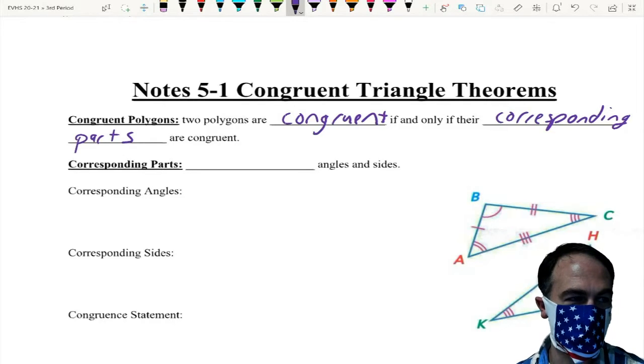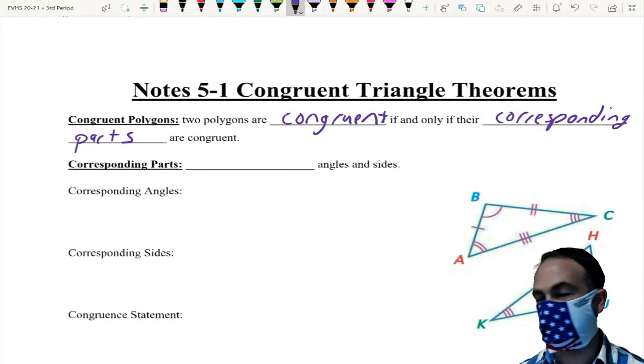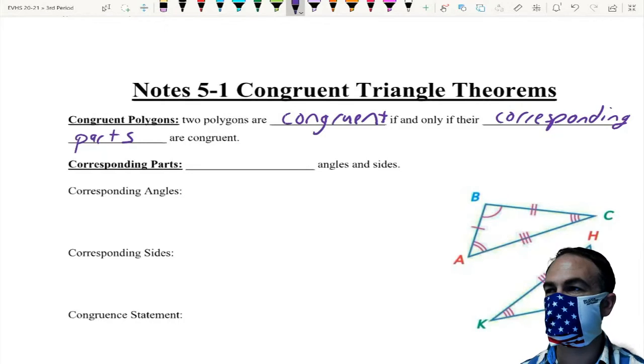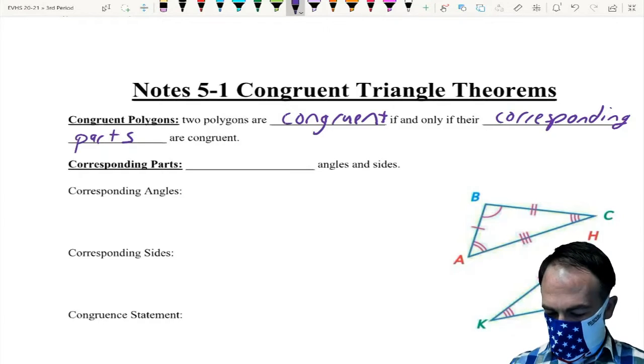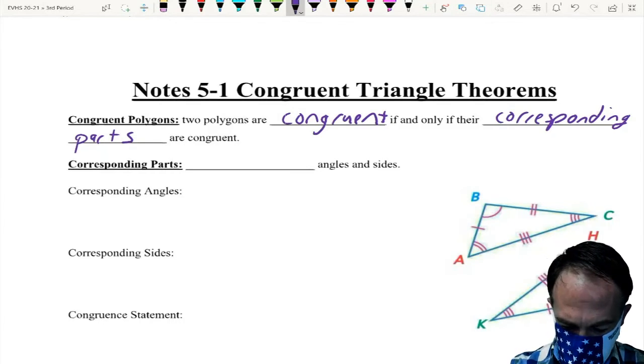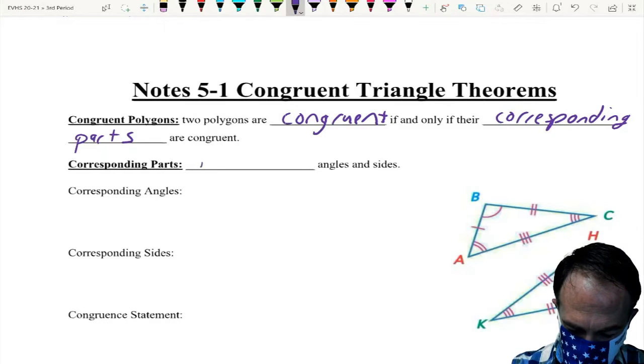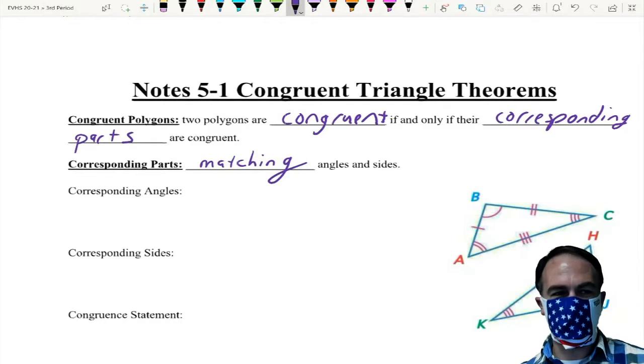And we'll talk about the corresponding parts quite a bit here in a second. Now, corresponding parts are the matching angles and sides.